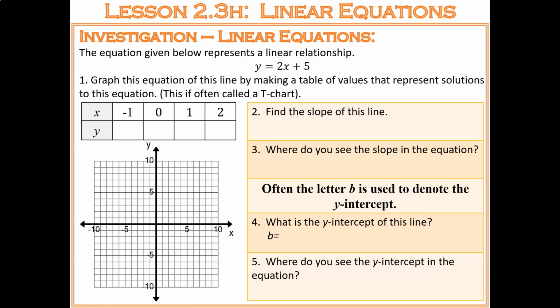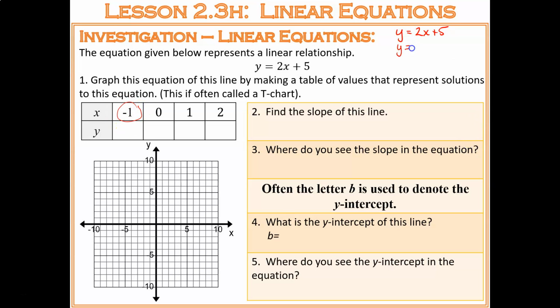Okay, so the first thing we're going to do is use that equation to fill in the table. Here's our equation, y equals 2x plus 5. We're going to plug in the values of x for that equation to find y. So if I have the equation y equals 2x plus 5, I'm going to plug in this value instead of x.